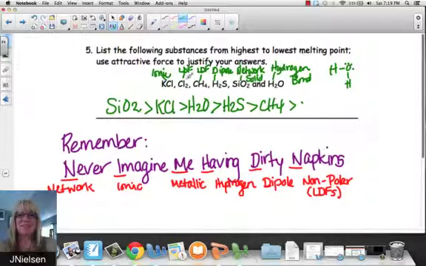Cl2 has 17. Actually, Cl2's got more electrons. Sorry about that. I'm going to think for a minute. Okay, there we go.